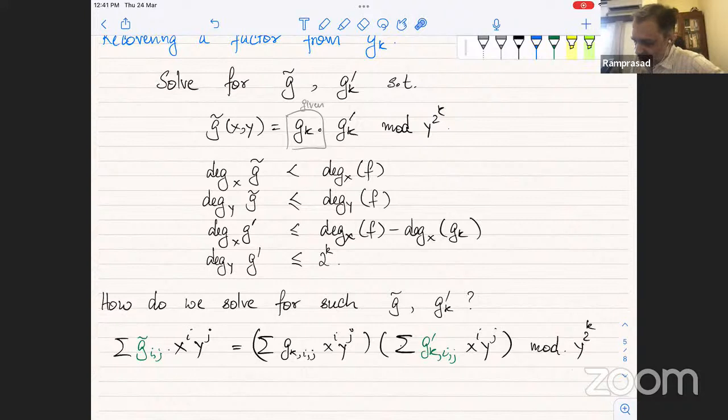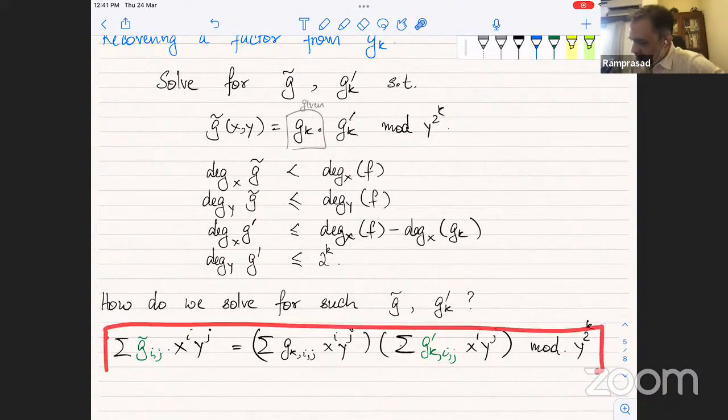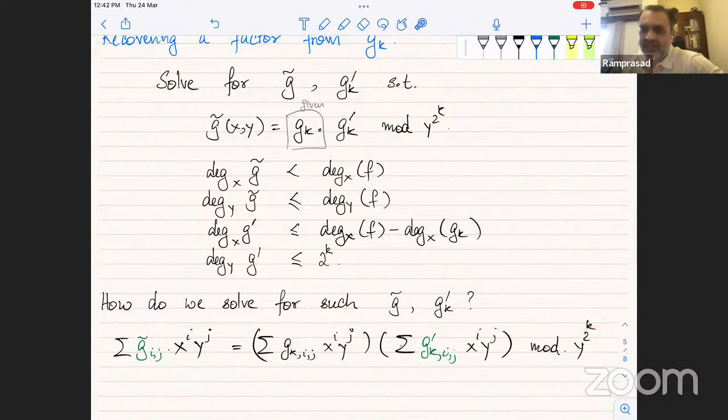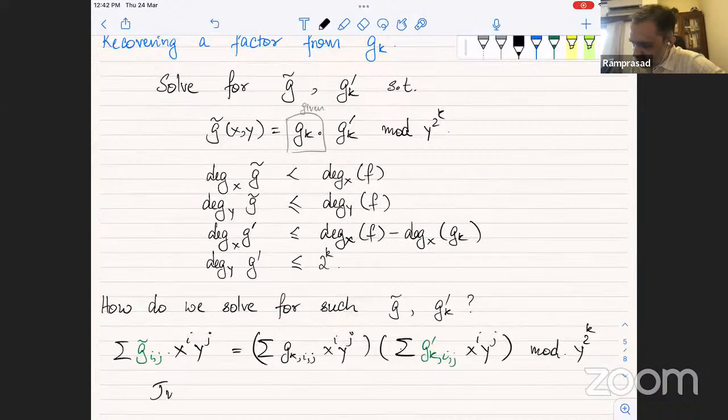The coefficient of x corresponds to i equal to 1, j equal to 0. So that will tell you that g tilde of 1 comma 0 equals whatever you get on the right hand side. Notice every such equation you write down is a linear equation in these unknowns. So finding out whether there exists a g tilde and GK prime that satisfies this equation is just solving a system of linear equations.